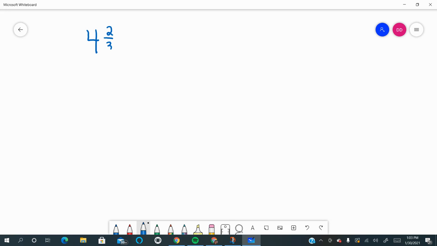4 2/3 multiplied by 1 1/2. First, let's change these to improper fractions. Next, let's multiply these together, and I might have to work this over on the side.